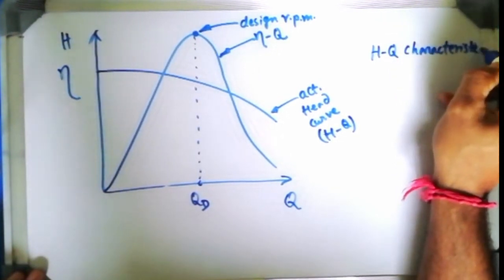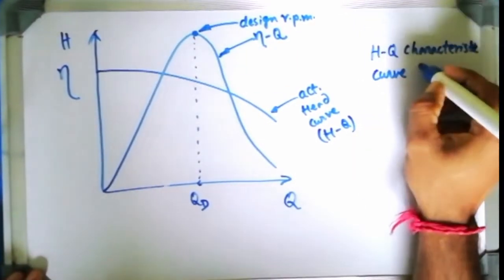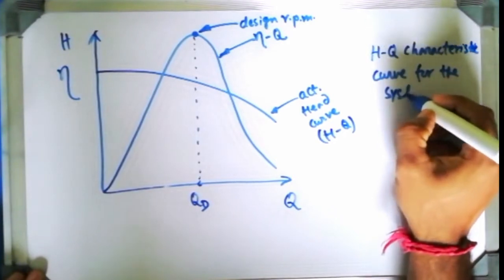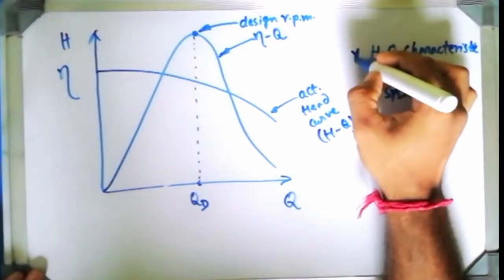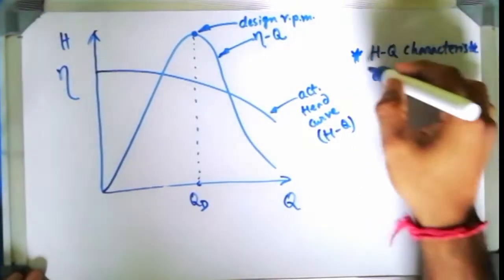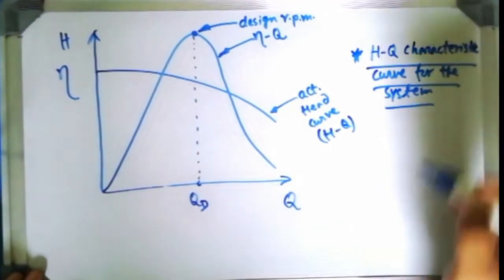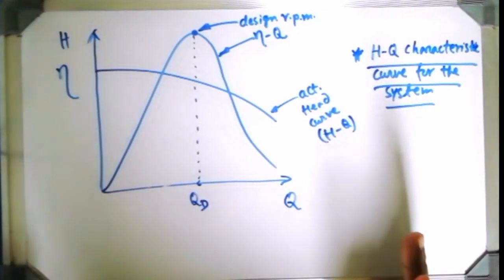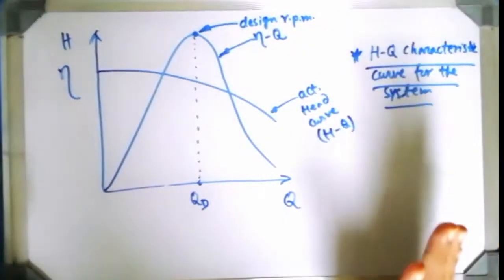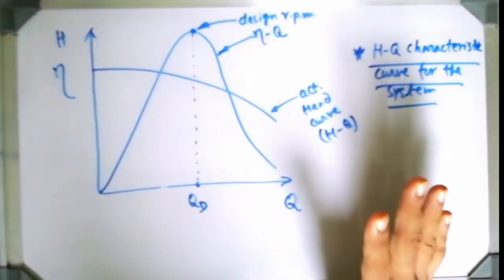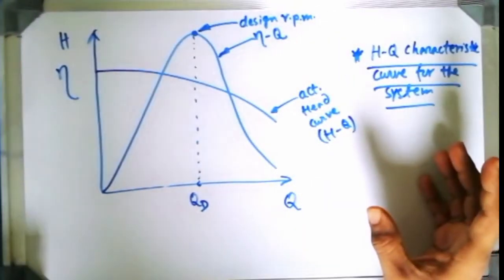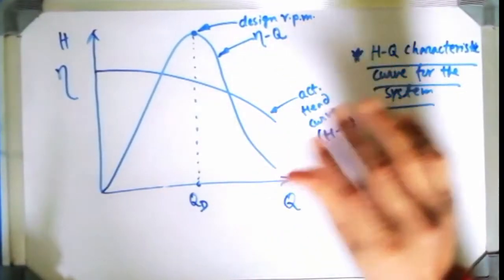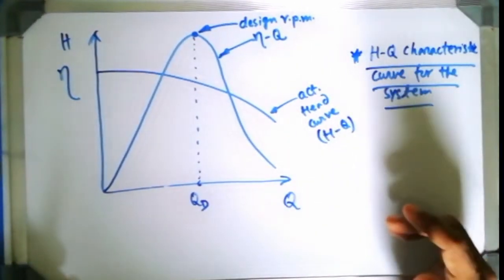Characteristic curve for the system. This curve I introduced over here. First let me explain what this curve is. This curve represents all the losses encountered for the whole system, because our pump is not only working with a pump; it will be connected with the suction pipe and with a delivery pipeline.